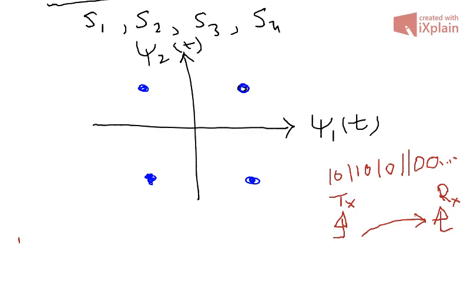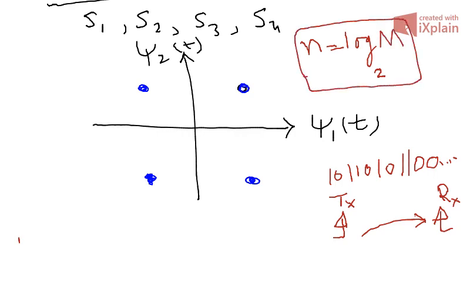Now in BPSK we just transmit one bit per symbol. Keep this in mind, you can transmit n bits per symbol, where n is log 2 of M. This is an identity. So in BPSK we have M equals 2, just 2 unique signals.